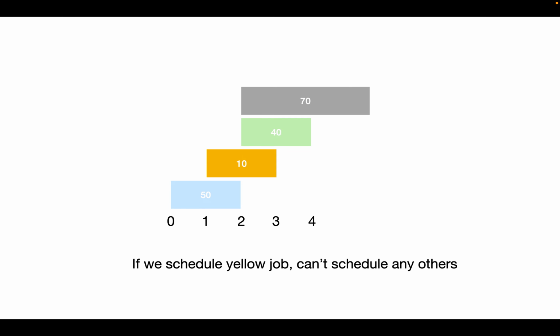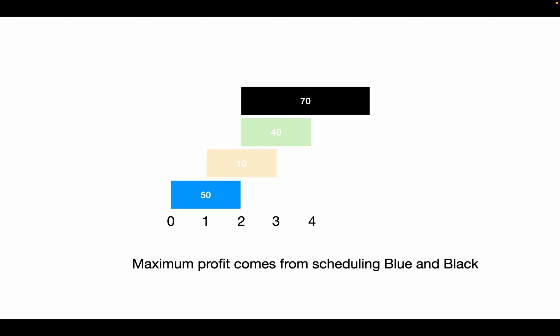Then we can't schedule either the green or the black job because they conflict. There's an overlap. So the maximum profit for this scenario comes from scheduling the blue job and the black job. And we figured it out by trying out different predecessors and considering the other elements as successors.